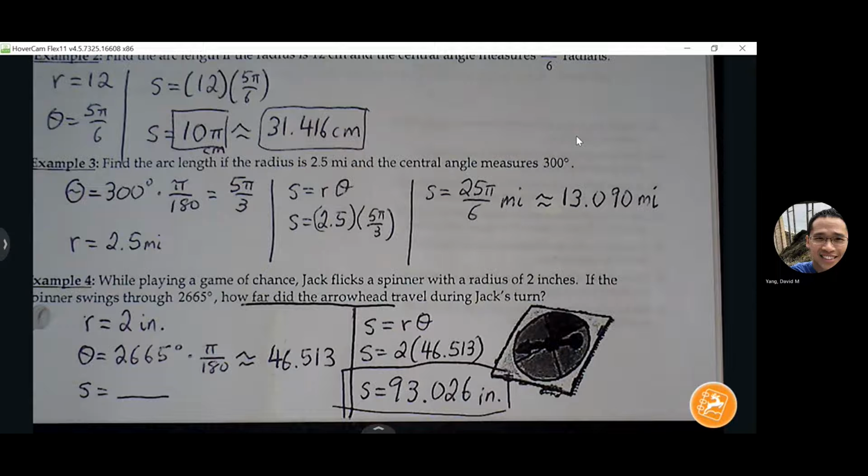Yes, that's right. So if I ask you for units of measure, that's going to count towards full credit.